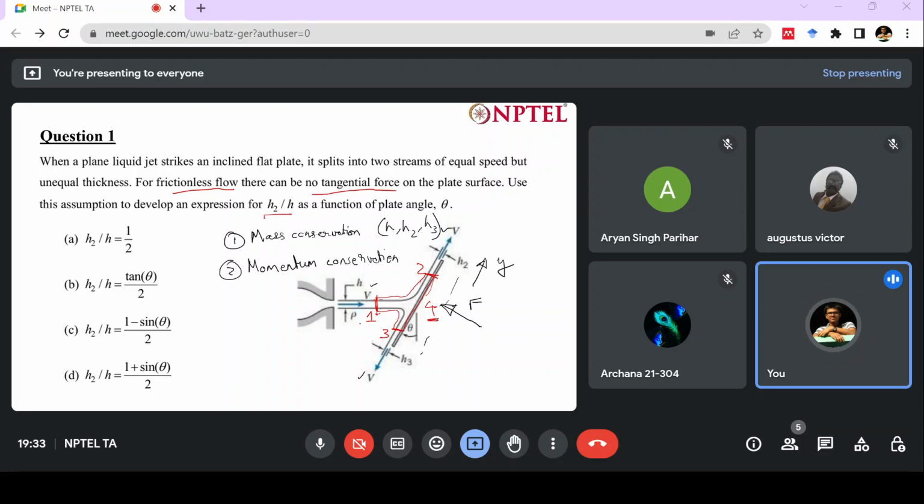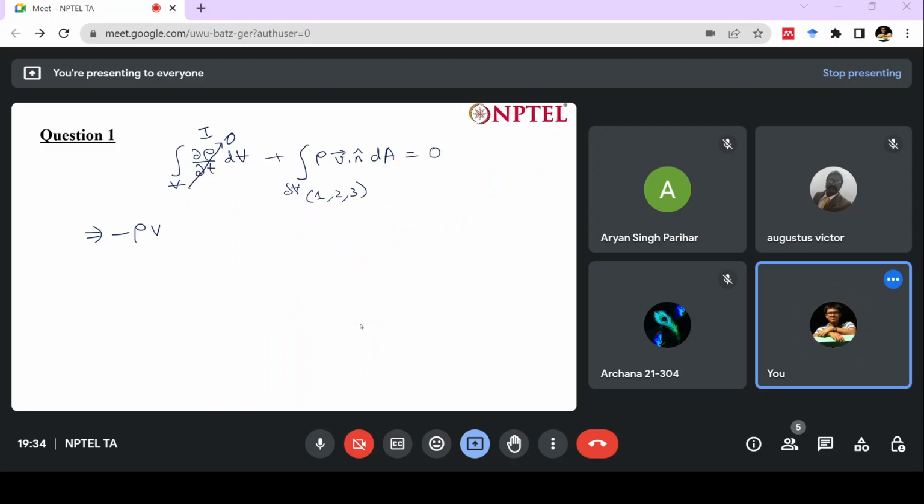I will take the component of my velocity, but that would not change the physics because I will also take a component of the area. The area will be more, the velocity will be less, different by a multiplication of the cosine of the angle, and they will cancel each other out, and I will get the same result. I have just taken a perpendicular to simplify the problem. The physics won't change if I don't take a perpendicular.